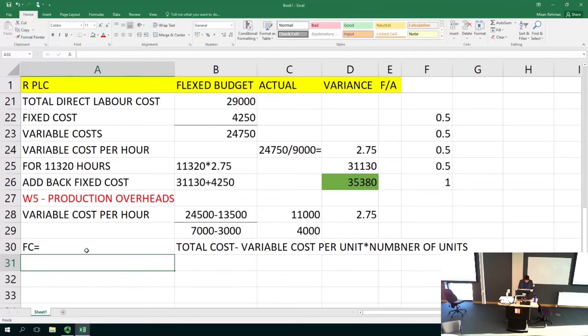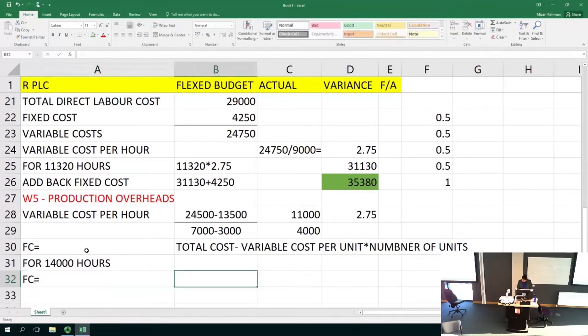Yeah. So for 14,000 hours, we are looking for fixed cost there. Our total cost is 45,800 minus 14,000 units times 2.75 per unit, and that's our variable cost.